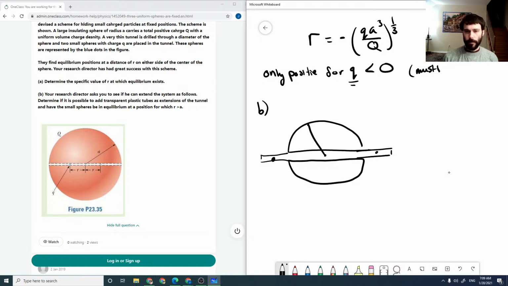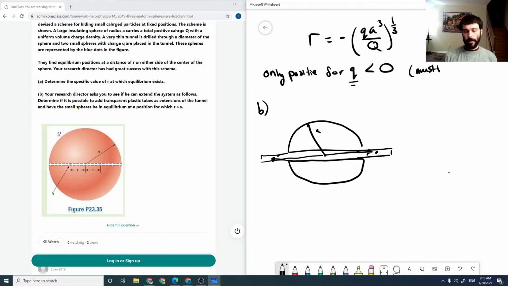So again, we have our sphere of radius a, and now the particles are being separated by a much larger distance. And we wonder if they're still in equilibrium position.